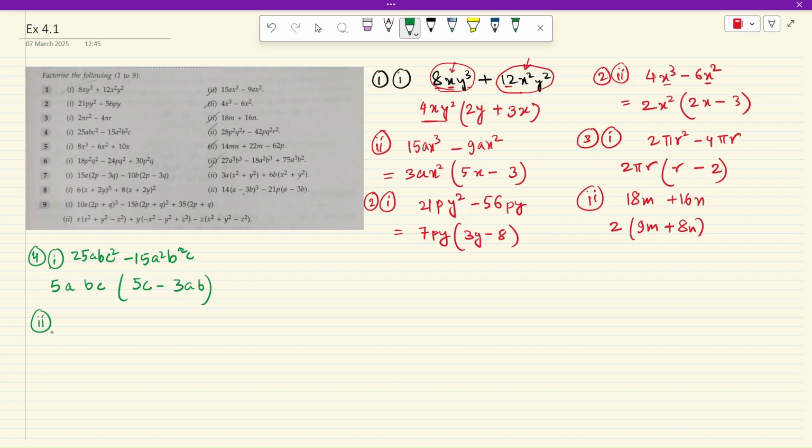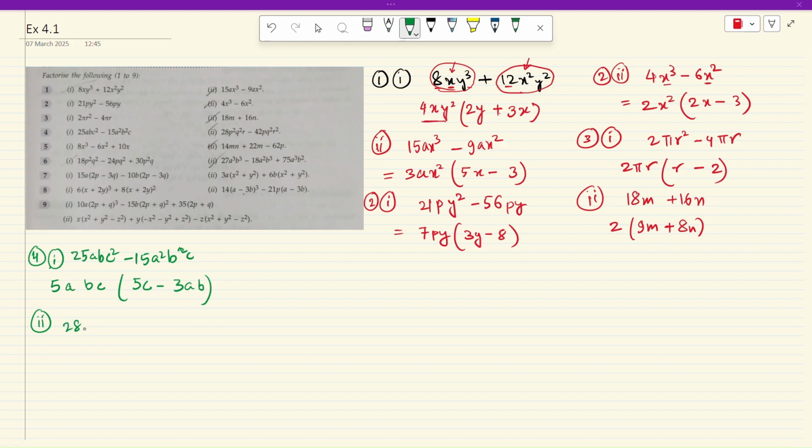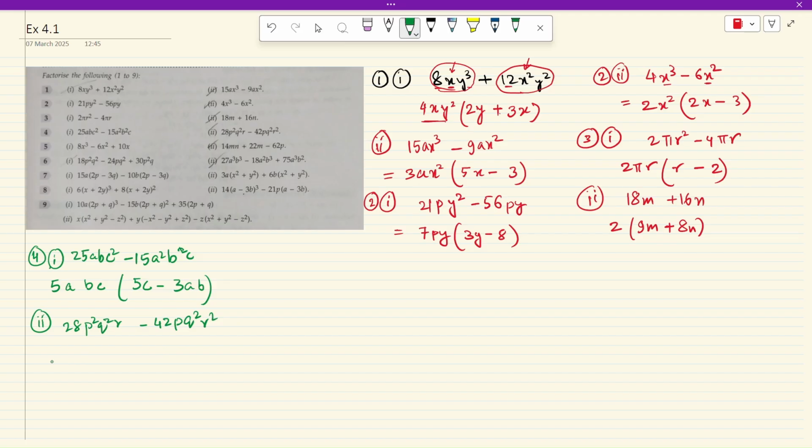Second question, 14, sorry, 28p square q square r minus 42pq square r square.